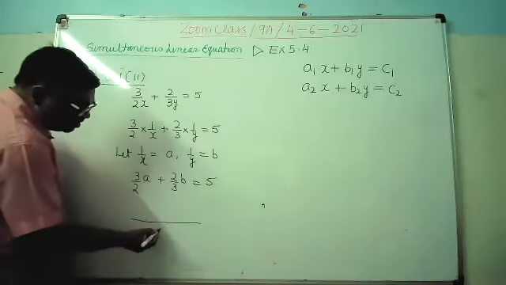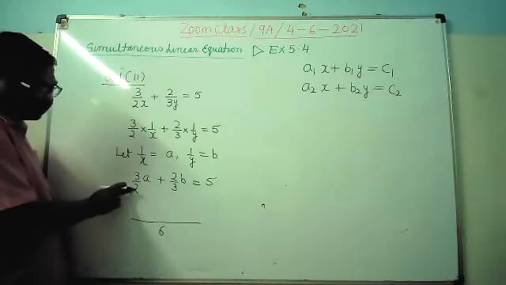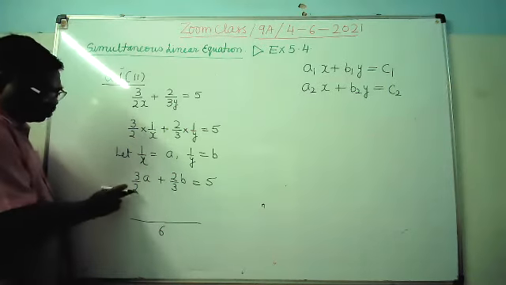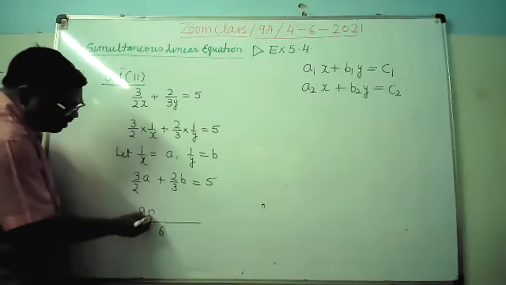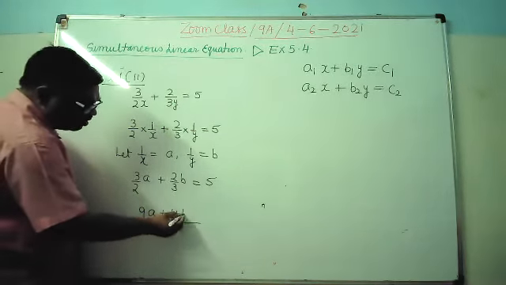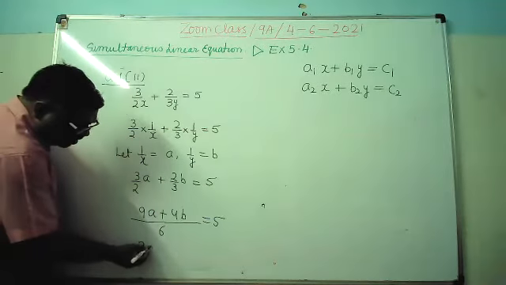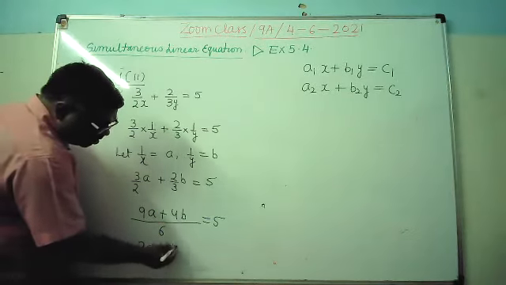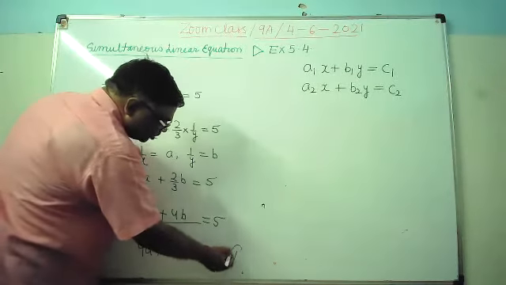Sir, 6. So divide LCM by the denominator. LCM divided by 2 gives 3. 3 into 3 is 9a plus 4b equals 30. This is equation 1.